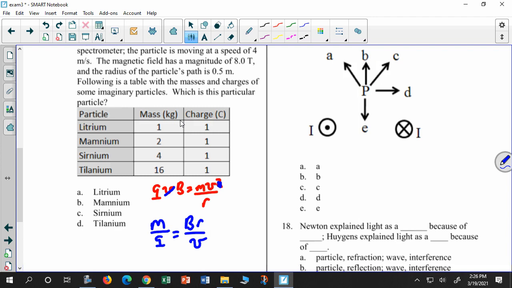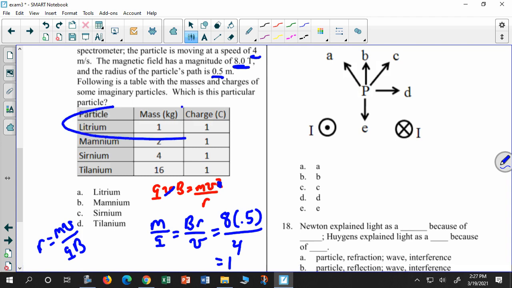Now you have an equation in your equation sheet, the cyclotron equation, R is equal to mv over qB. But you want to solve that for m over q. So once I do that, B is 8, R is 0.5, over v, which is 4. All right, so that has a mass to charge ratio of 1.